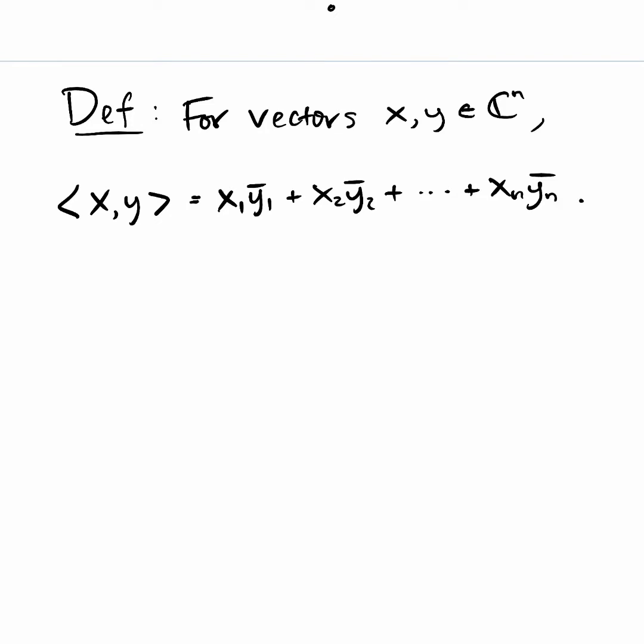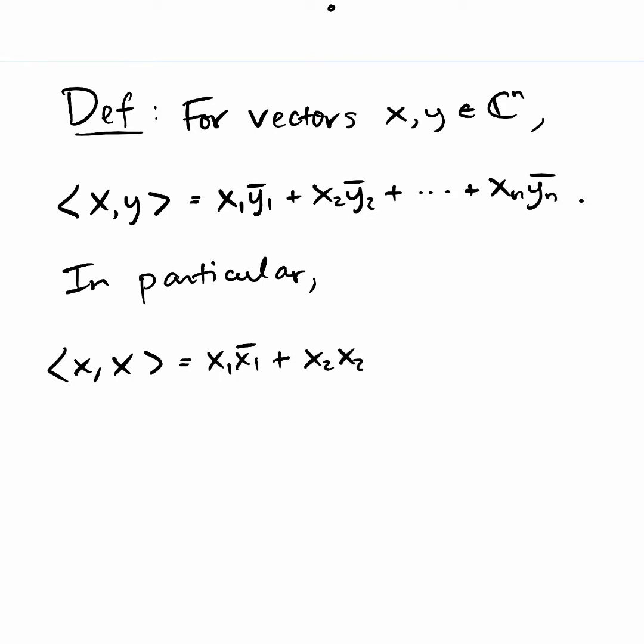Now, the reason the conjugates are in there is precisely so that this matches up with our notion of inner product in Rn in the case that we take the inner product of a vector with itself. So in particular, if you take the inner product of a vector x with itself, according to the definition above, it's x1 times x1 bar plus x2 times x2 bar plus dot, dot, dot, xn times xn bar.